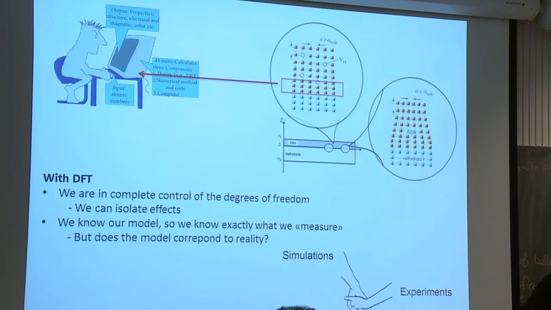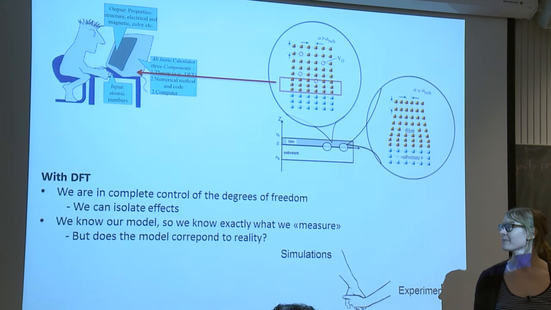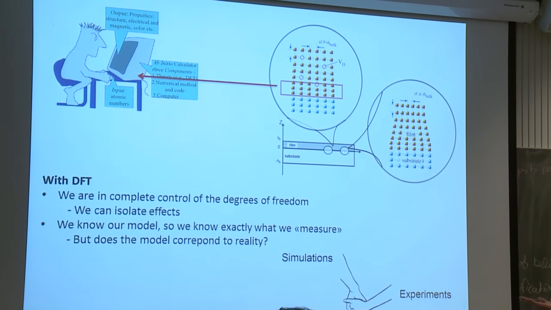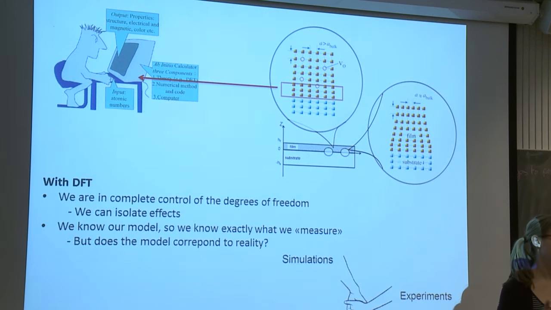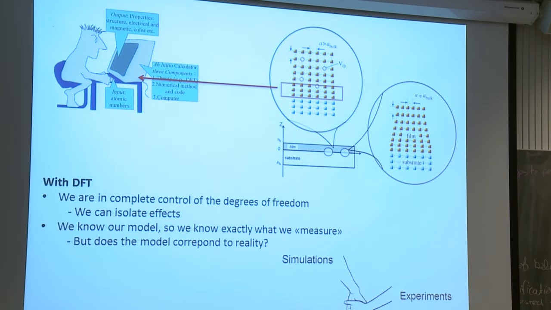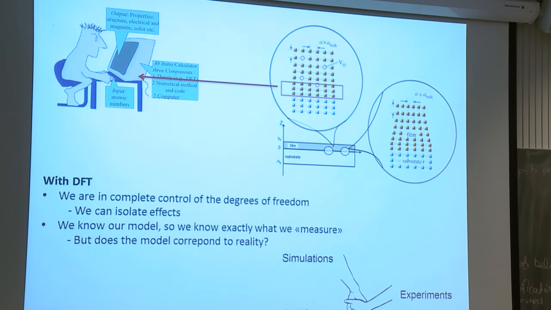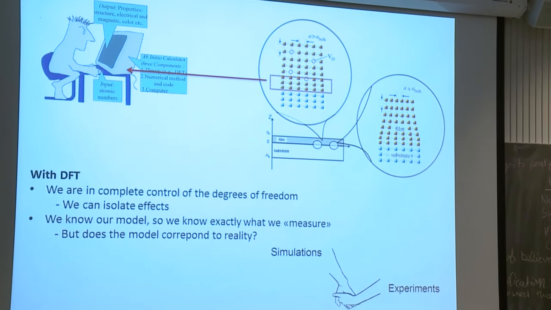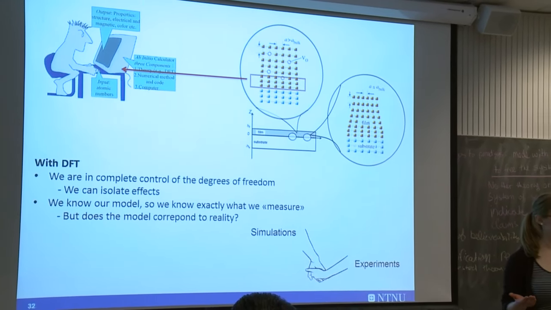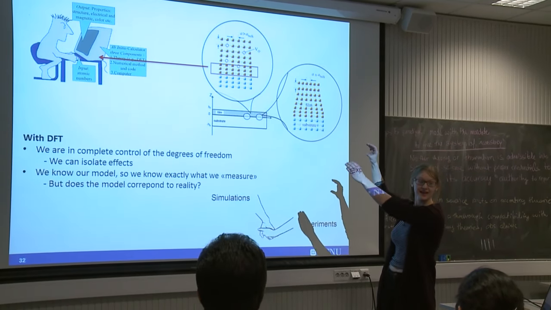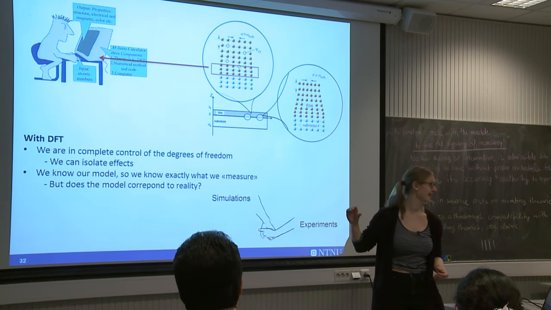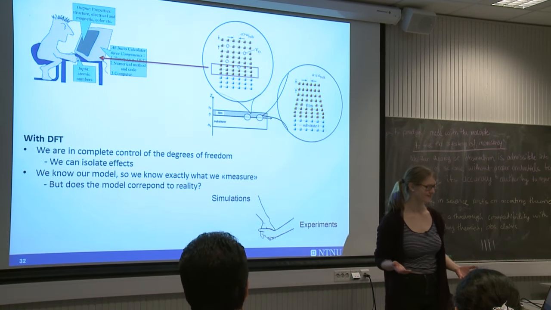So this is me again. I also want to look at this thin film, but I want to isolate effects, and I can do that in my computer. I don't need a substrate, for example. I want to look at the thin film, but only at the effect of strain. So I can just make a model and impose that strain without having the substrate.